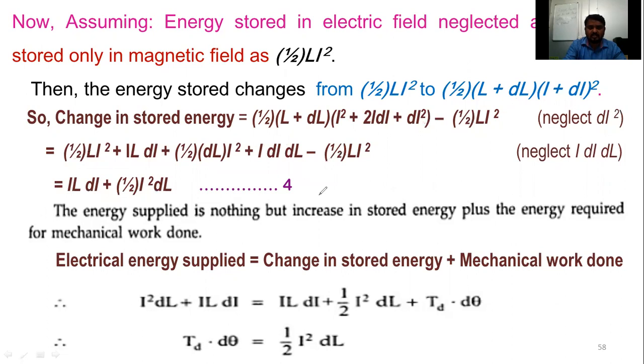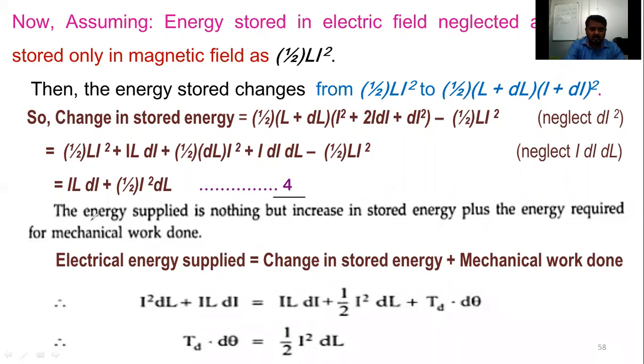Equation number 2 is not necessary for us. Equation number 1 is the mechanical work done. Equation number 3 is the change in electrical energy supplied, which we used equation number 2 for. Equation number 4 is the change in stored energy. These 1, 3, 4 are required here.